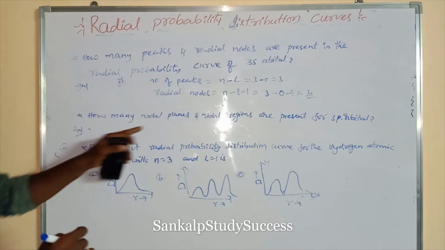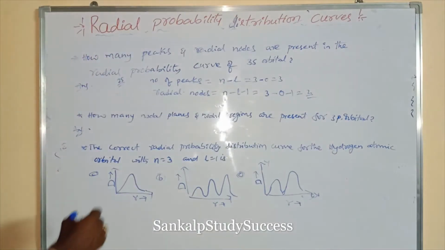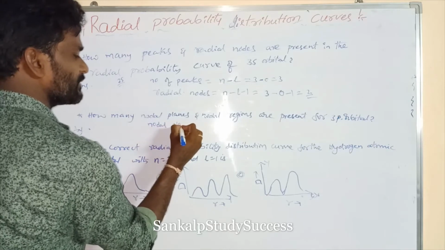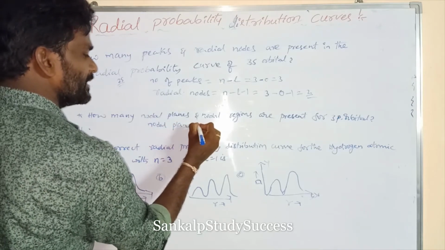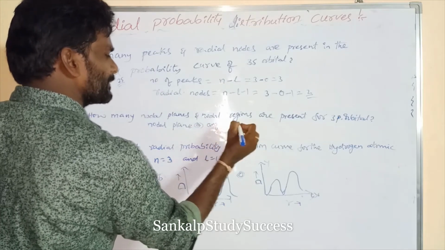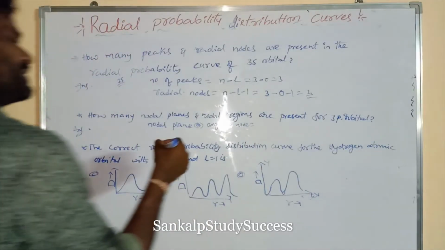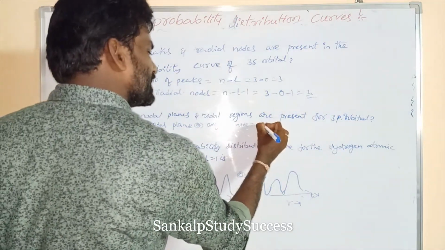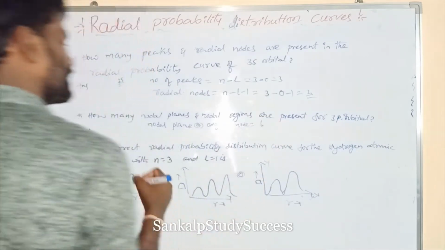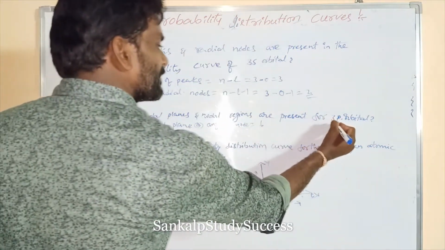How many nodal planes and nodal regions are present for the 3p orbital? So nodal plane or angular node, both are same. The number of nodal planes or angular nodes is equal to L, the azimuthal quantum number. For the 3p orbital, what is the L value?